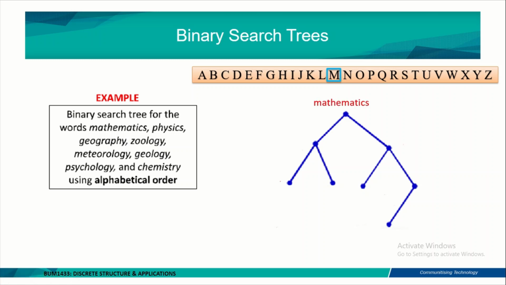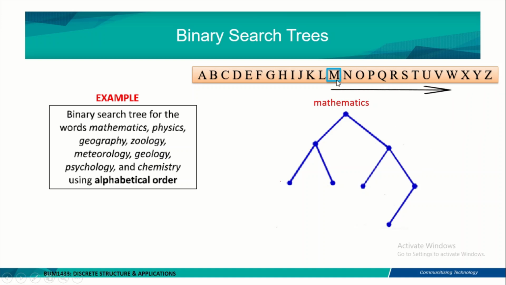Next, the initial for the word mathematics is the alphabet M. If the word has the initial alphabet from M until Z, it is put on the right side of the tree.